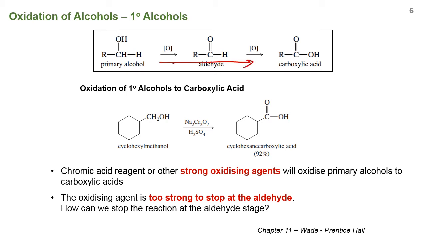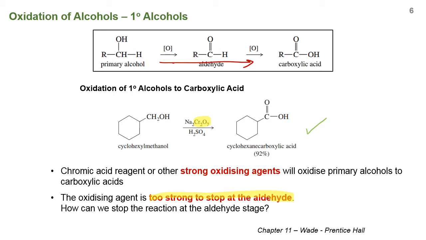For example, if you use a strong oxidant like dichromate, you will not stop at the aldehyde. It will go straight to carboxylic acids. So it is too strong to stop at the aldehyde, but if you want to get the carboxylic acid, this is a great way to convert alcohols into carboxylic acids.